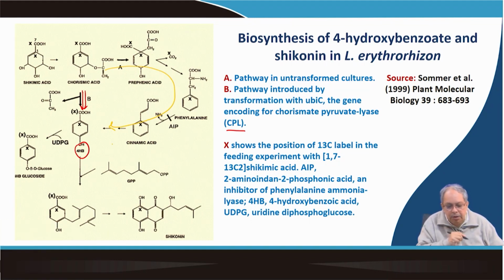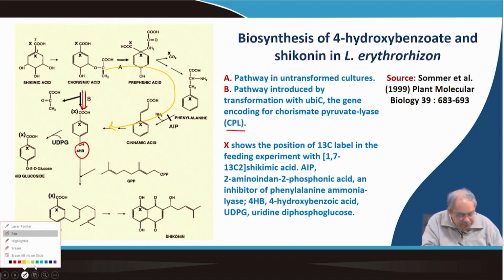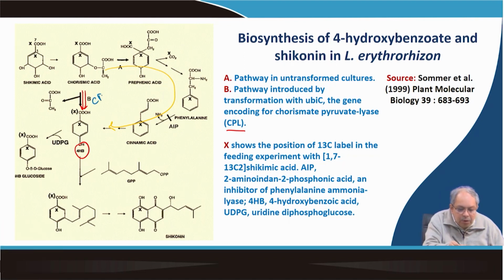Now, what they have done? They found a significant increase of 4-hydroxybenzoic acid upon expression of CPL. That means, when UBIC is expressed and it encodes the CPL enzyme, CPL successfully converts chorismate to 4-hydroxybenzoate. And then that may lead to more production of 4-hydroxy geranyl benzoic acid, but the end product formation was only marginally affected. So, it did not make much sense on shikonin, just a slight increase of shikonin.